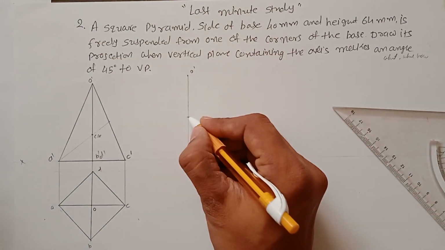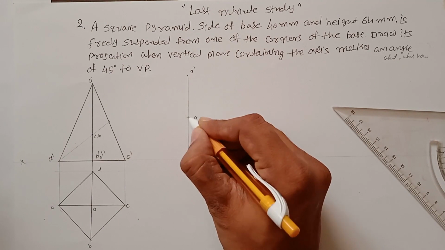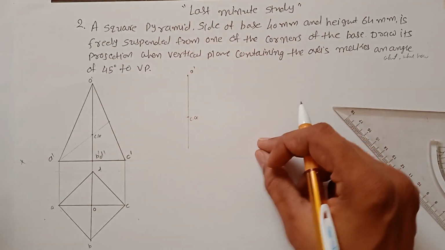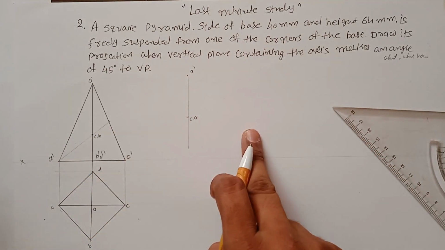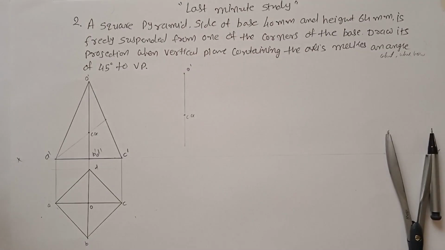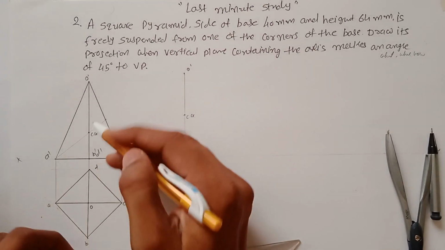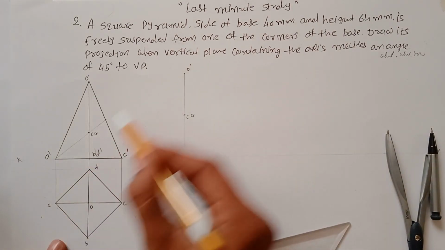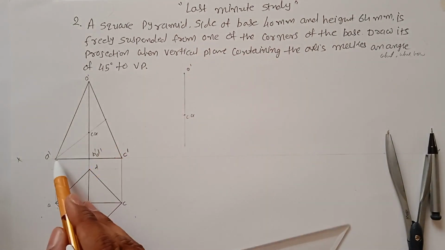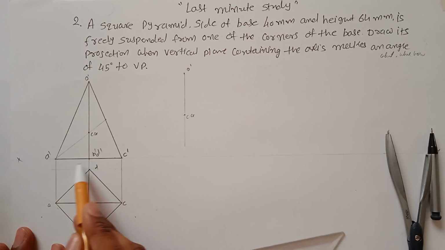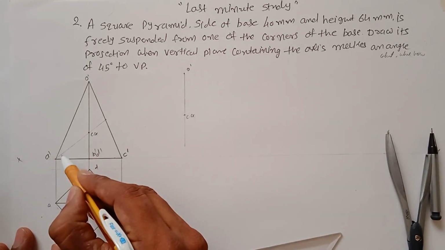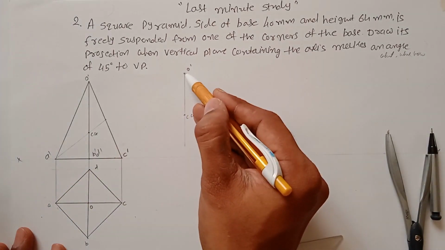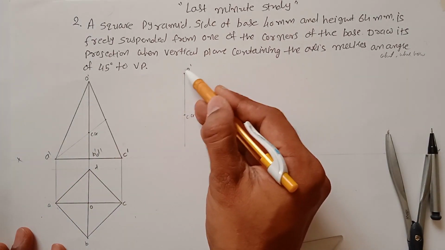This point is your CG point. By taking these two as a reference, you have to construct the whole front view. You need to measure the angle and length of the CG line, so by using these two, you can draw a line from A dash.